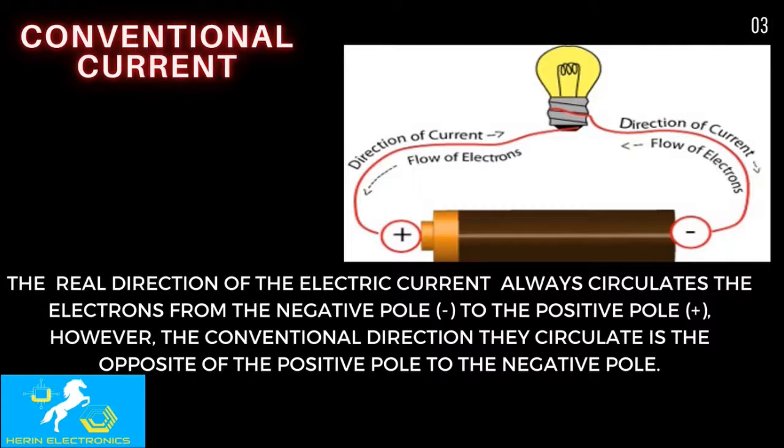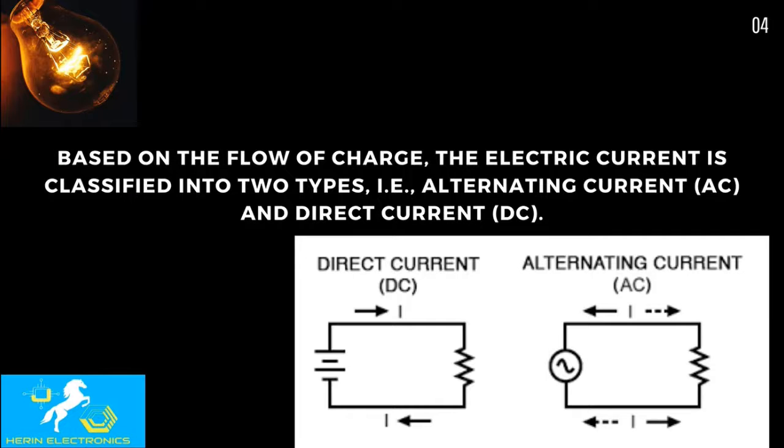Whereas the conventional current has its direction of flow from the positive terminal to the negative terminal. So we say that the real direction of electric current circulates the electrons from the negative pole to the positive. However, the conventional direction is the opposite of the electron flow.